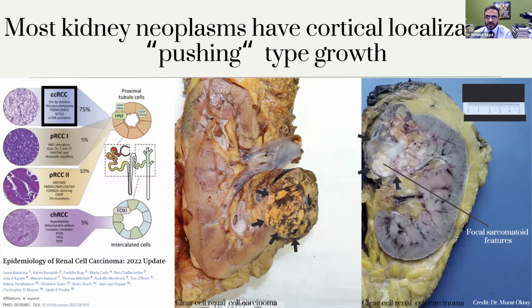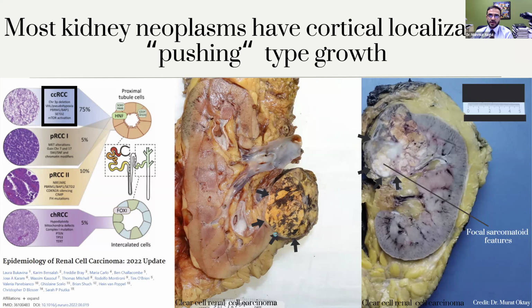And regardless of the size and the location, most of the time what you see is a tumor with pushing borders type growth. And in this tumor on the left side, you can see the tumor is somewhat well differentiated.